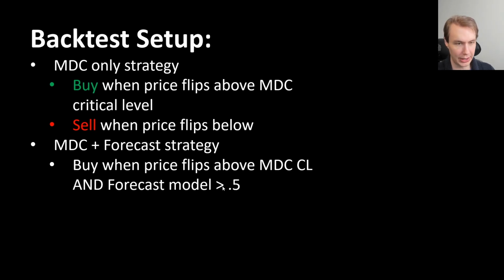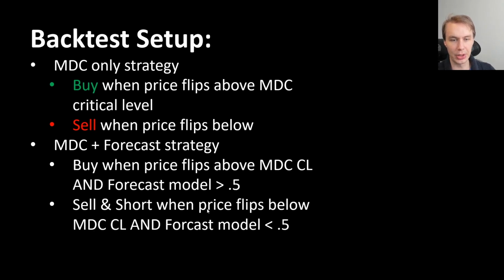Then you're going to sell and short when price flips below the MDC critical level and the forecast model is bearish, below 50% upside probability in the next 6 months, meaning it thinks it's less likely than chance that the market will be up in 6 months.